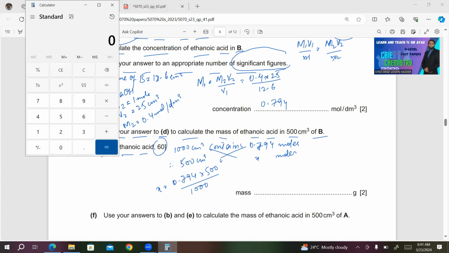So what we will get? 0.794 multiplied by 500 and divided by 1000, we will get 0.397. So 0.397 will be multiplied by 60.